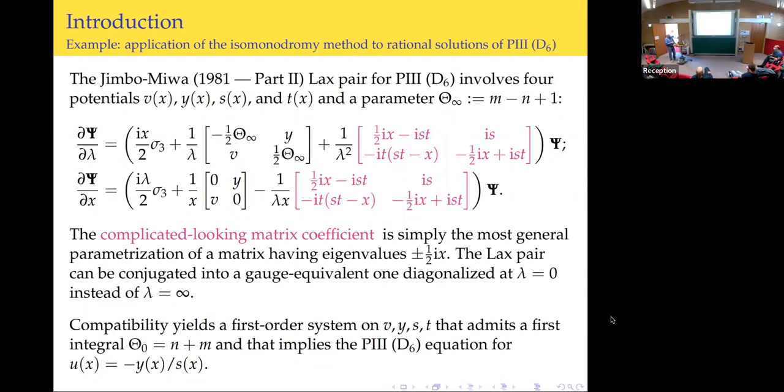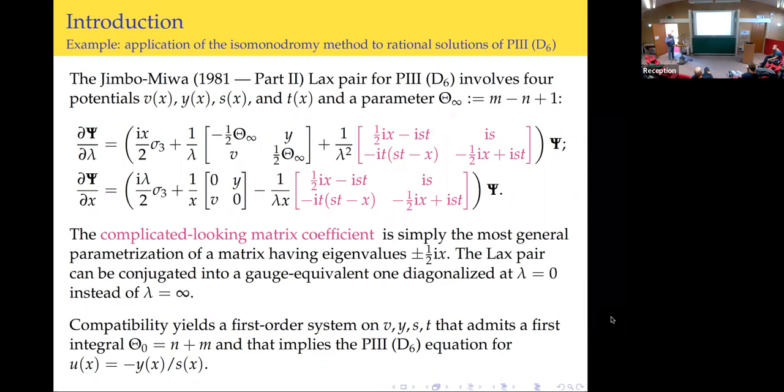And the way they write it is to not write something with u, which is our solution of Painlevé III, but to write a pair of linear equations that have 4 functions called v, y, s, and t. And there's also a parameter theta infinity, which in terms of our m and n is just this combination m minus n plus 1.